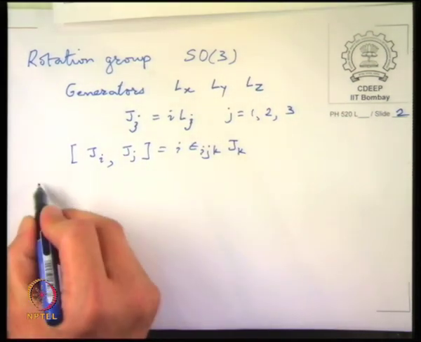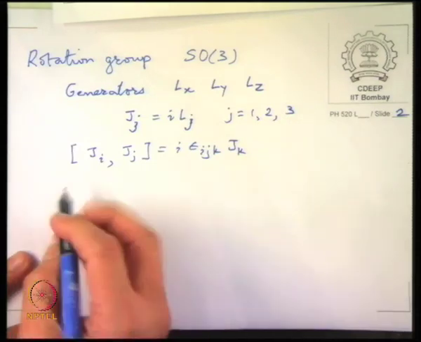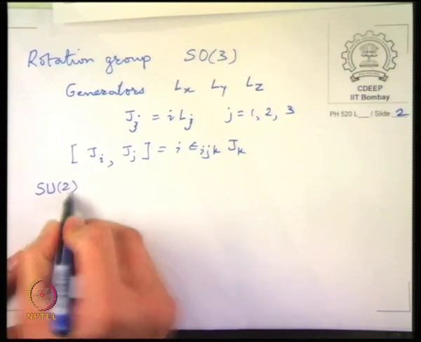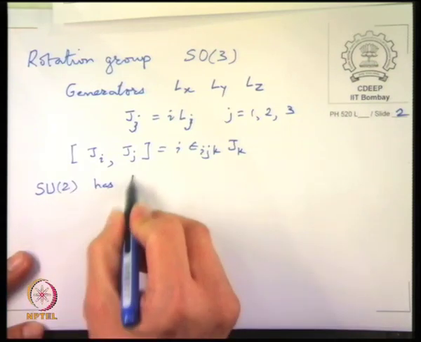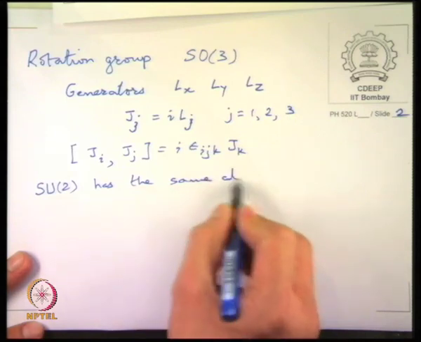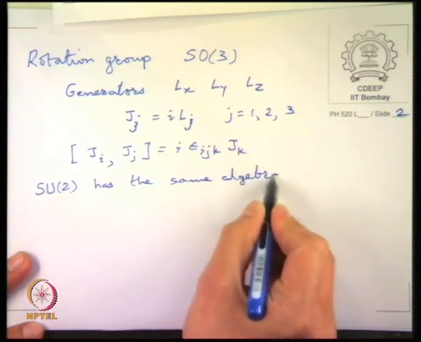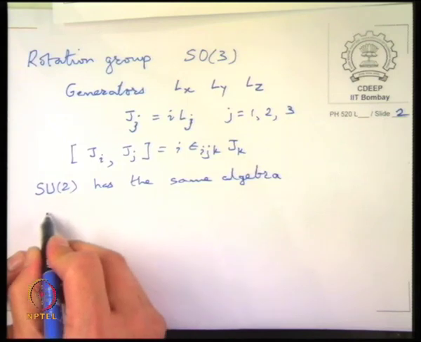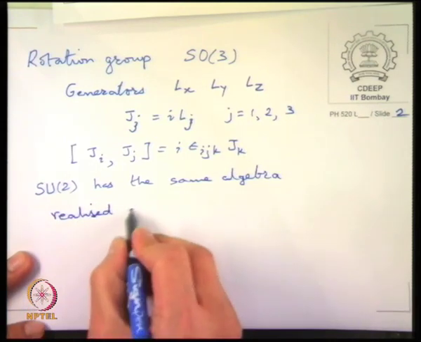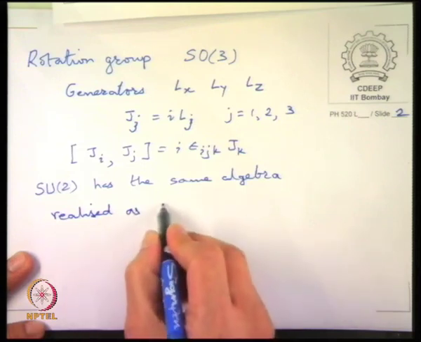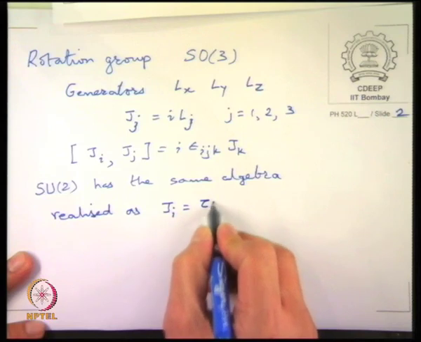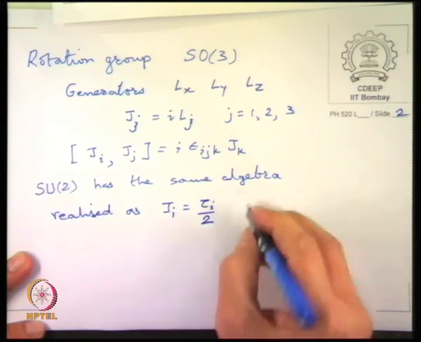So from this we can get, so then we found that SU(2) has the same algebra. And in fact realized as the specific matrices Ji equal to tau_i by 2, which are Pauli matrices.